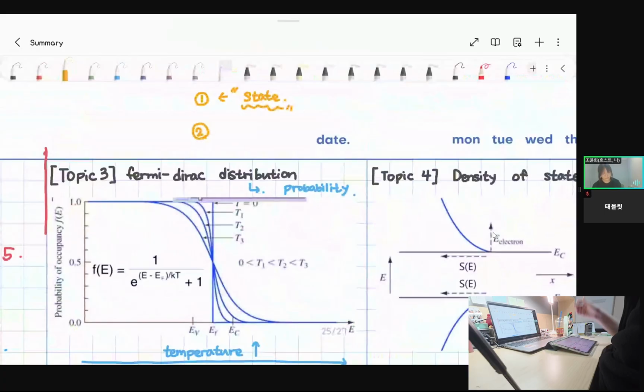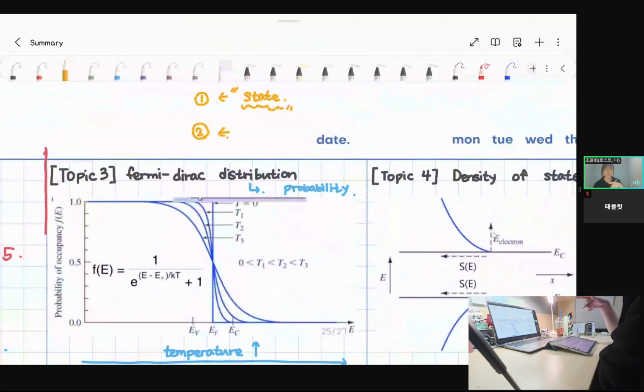And second, we have to know how carriers exist. But an electron or hole is too small, at the nanoscale, so we can't measure it.